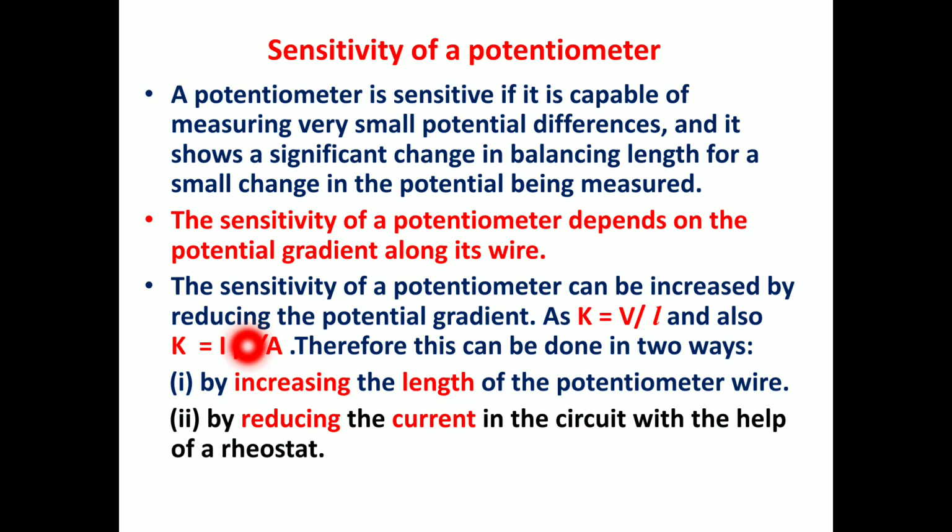If we decrease the current, though a constant current will flow, if we decrease the value of current in the circuit, then it will become more sensitive. So finally we can say that the sensitivity of potentiometer can be increased by increasing the length of the potentiometer wire, and secondly by reducing the current in the circuit with the help of rheostat.